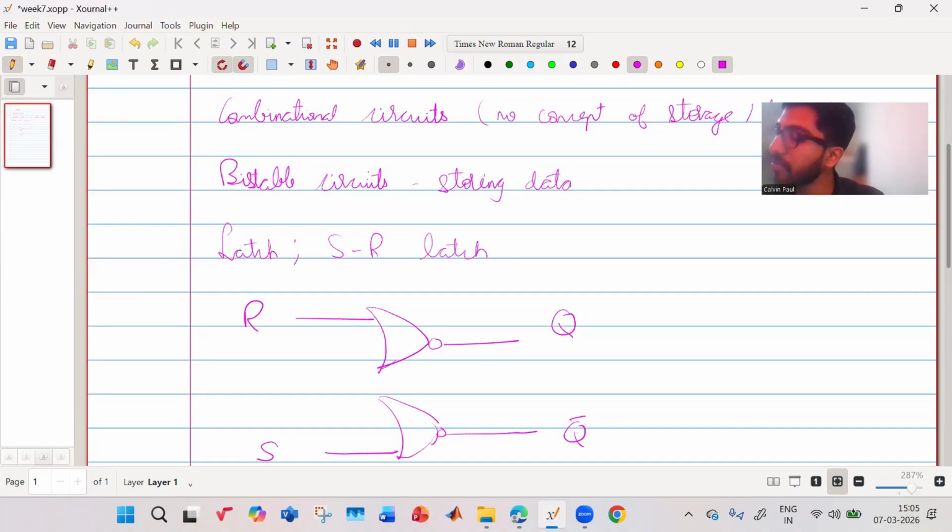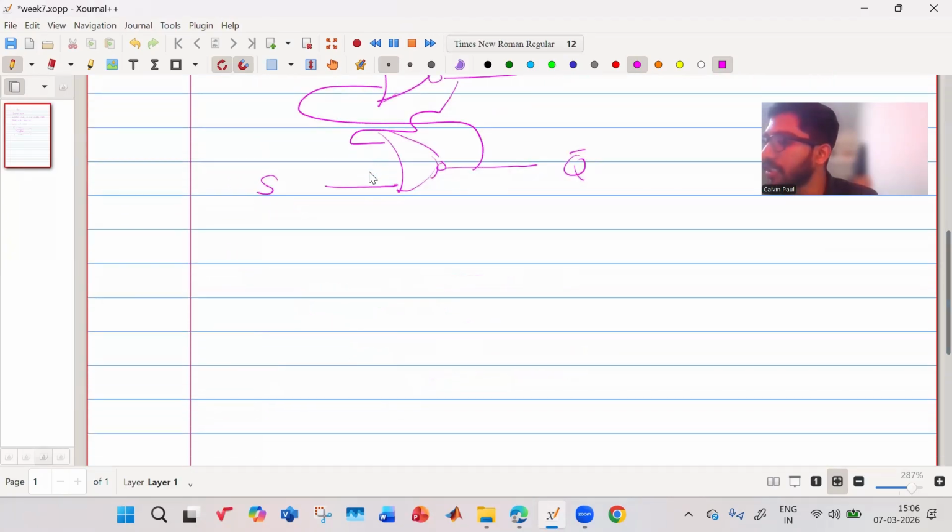In addition to inputs and outputs, we have feedback of the output. The output over here is fed back as an input to this, and this output over here is fed back as an input to this. Because of this feedback, it will latch, it will hold on to that data. There's a concept of storage because of this feedback.